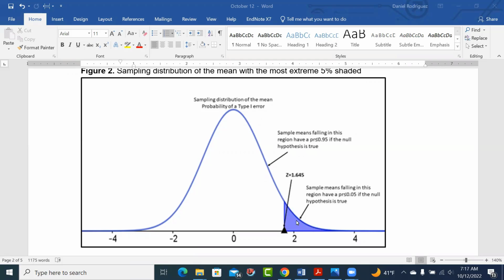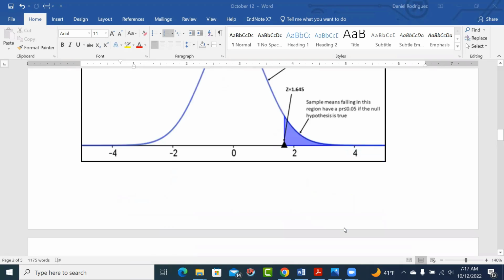But since that value has less than or equal to a 5% chance of occurring, I would be wrong, right? I'd be wrong, because it still does belong to this population, but it's an extreme. But I only have a 5% chance of being wrong. So I'm okay with that. So this is what you got to be thinking. You got to be thinking about these different scenarios here. Okay.